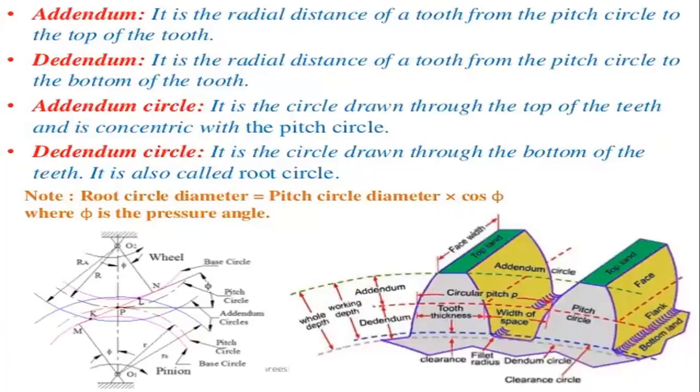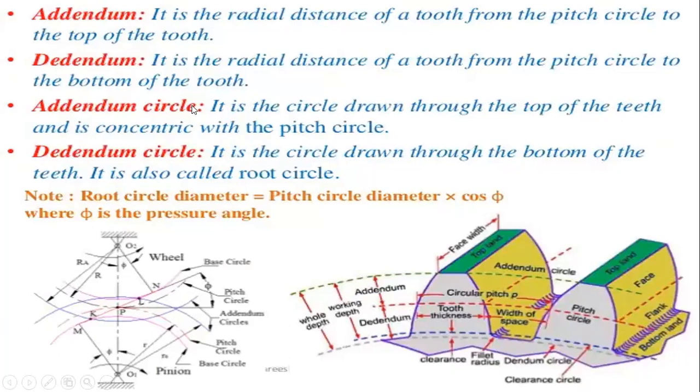Next one is the addendum. It is the radial distance of a tooth from the pitch circle to the topmost part of the tooth. This is the addendum portion here. The part of the tooth above the pitch circle is known as the addendum, and the lower part is known as the dedendum. So the next one is the dedendum.